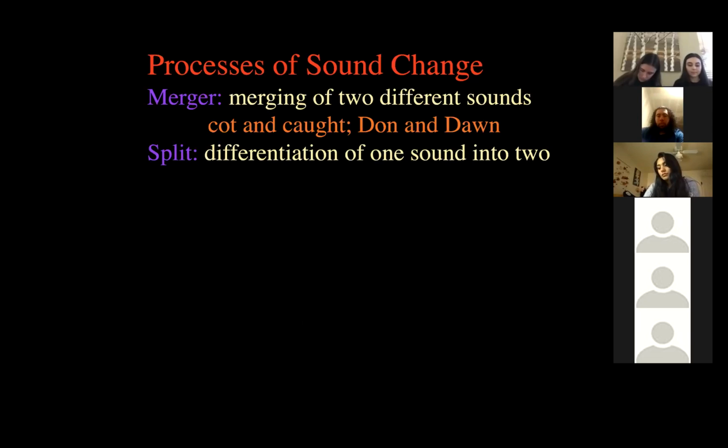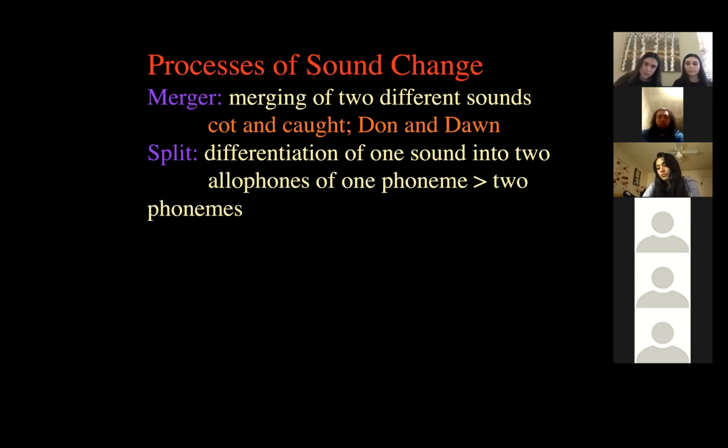Okay. A split is where you originally have one sound and that becomes two sounds actually. And this is an interesting example. So where allophones of one phoneme become two separate phonemes. This is a hard one to explain because actually the F and the V were originally just allophones of one phoneme.